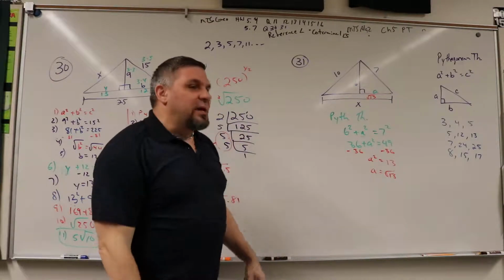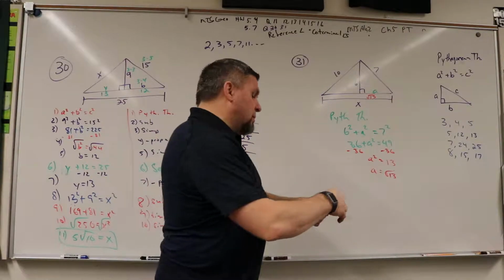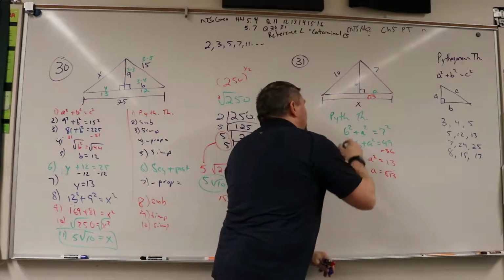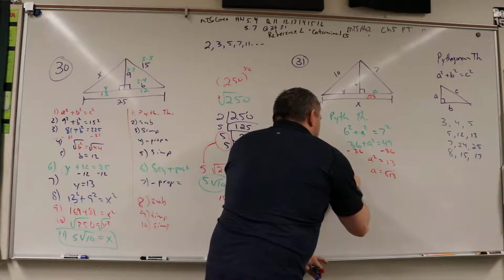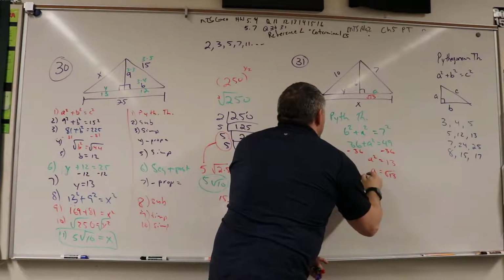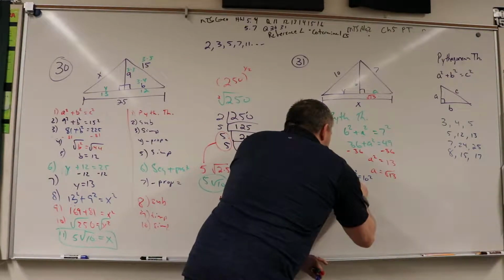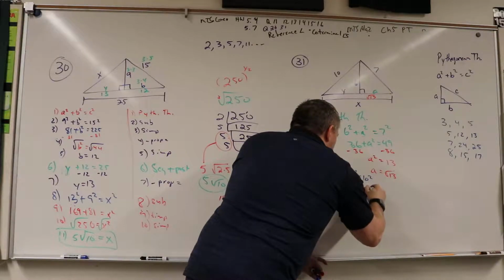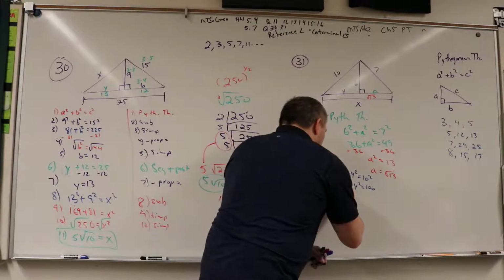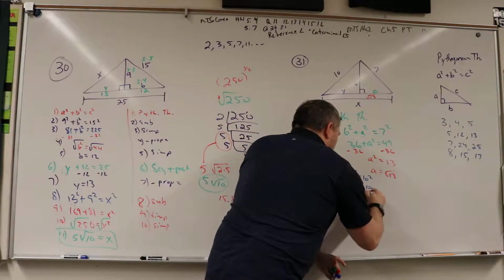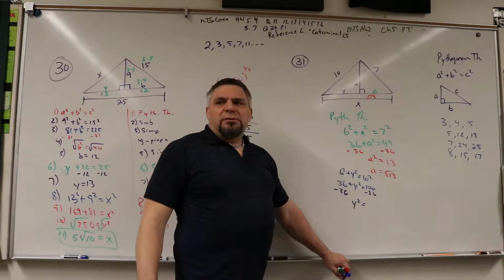But now we've got to use this to do the other one. We have to do the same thing. Let's call this y. So 6 squared plus y squared is equal to 10 squared, right? And then 36 plus y squared is equal to 100. And then I subtract it, and what I get is y squared is equal to 64.